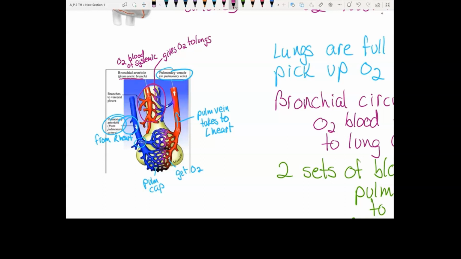Now normally, systemic circuit blood would go back to the right side of the heart through a vena cava. But notice this, instead, it jumps into that pulmonary vein. So this is kind of a little cheat.